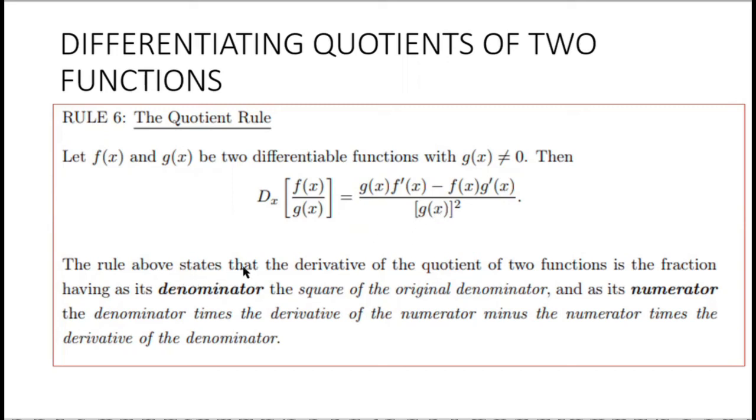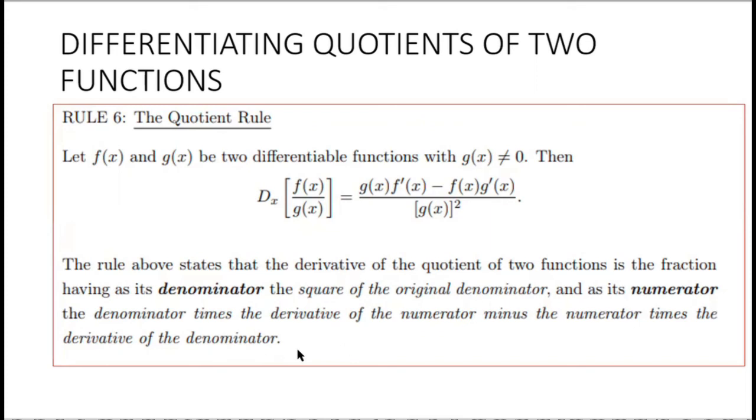The rule above states that the derivative of the quotient of two functions is the fraction having as its denominator the square of the original denominator and as its numerator the denominator times the derivative of the numerator minus the numerator times the derivative of the denominator.